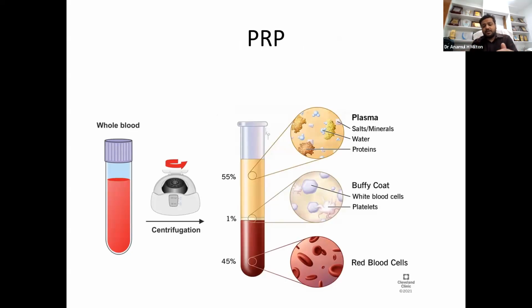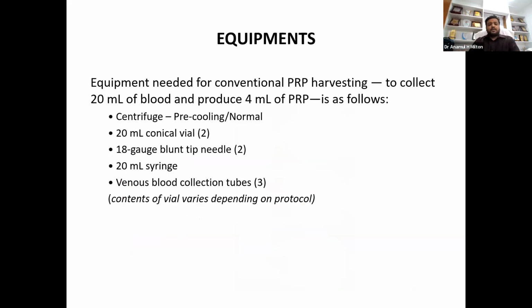There are 3 layers. The bottom layer is the RBC, the middle layer is called the buffy coat, and the upper layer has some platelets, minerals, water, protein, and a lower count of platelets.